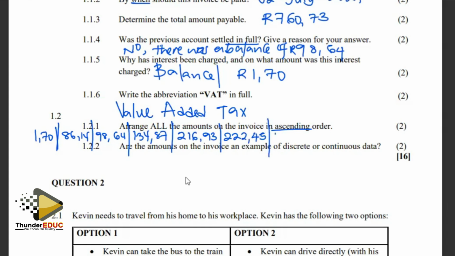Then we come to 400, followed by 498.64, followed by 622.